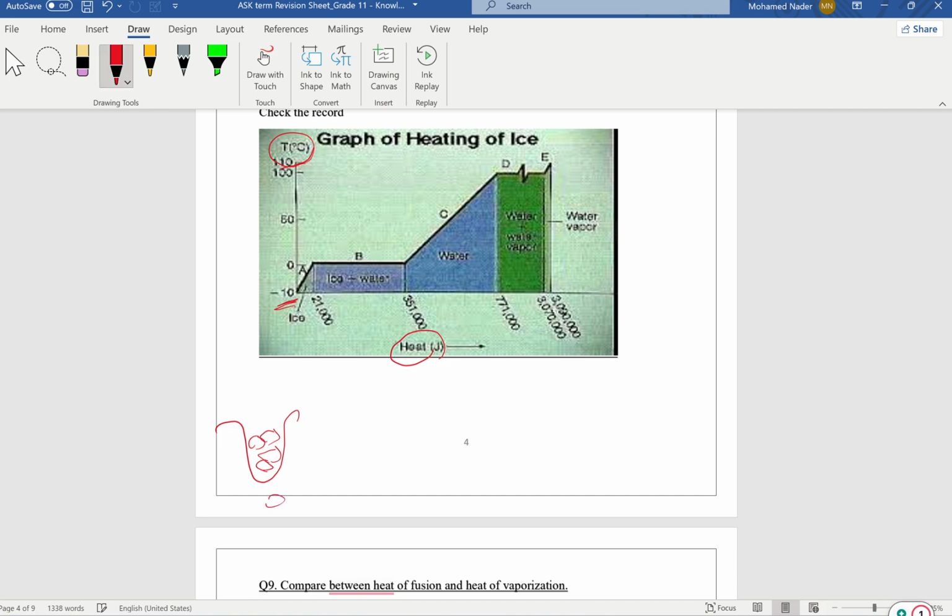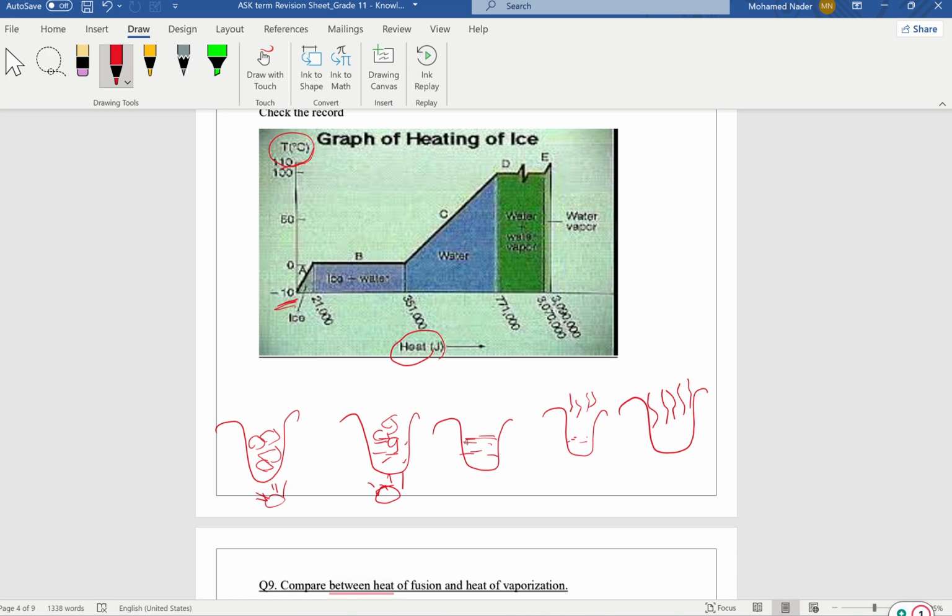When you increase the amount of heat, the ice will not be converted immediately into water. It will become ice and water together. When you increase the temperature again, it becomes only water. When you increase the temperature again, it becomes water and water vapor. And then by increasing temperature, it becomes only water vapor.